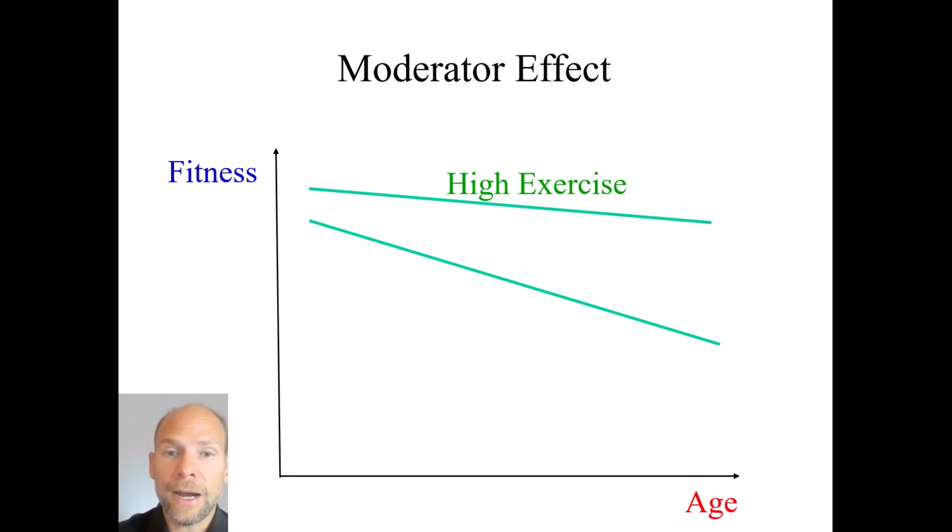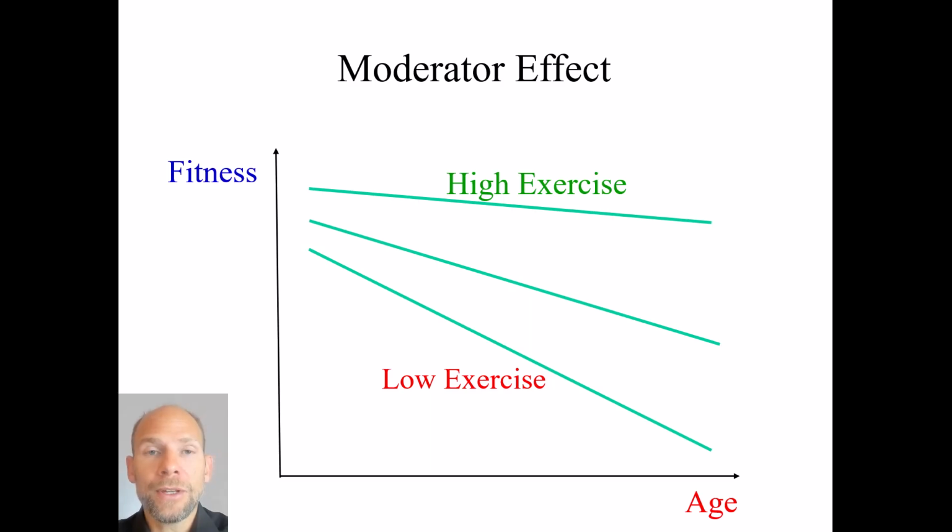And likewise, in a subsample of individuals who do not exercise or exercise very little, you may see a stronger relationship between fitness and age, specifically a stronger negative effect or negative correlation, such that as age increases, they see even more of a decline in their fitness. And so that's then a subset of individuals with low exercise.